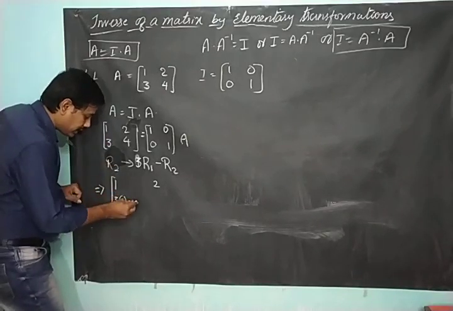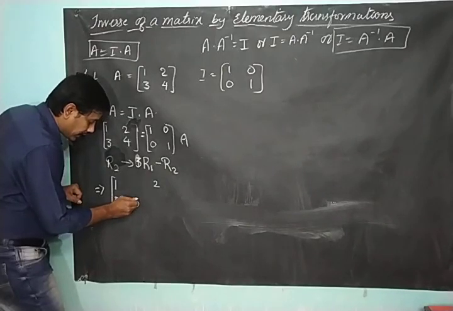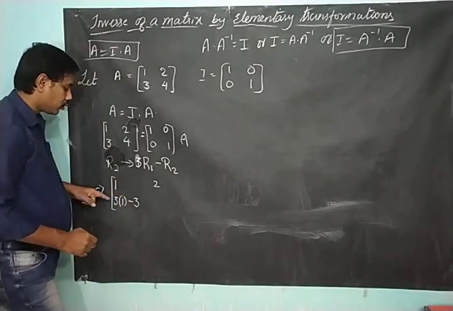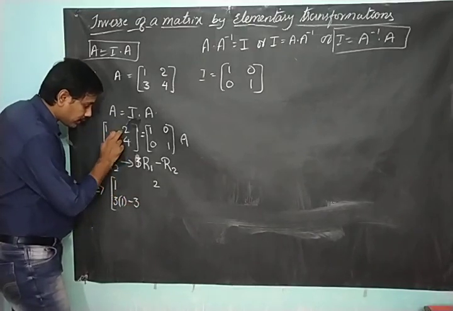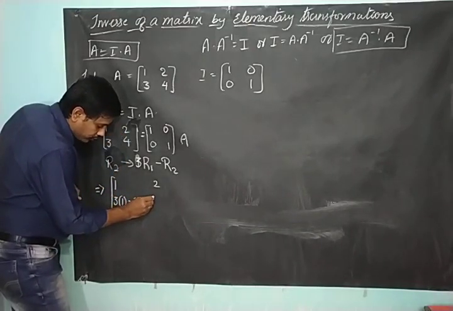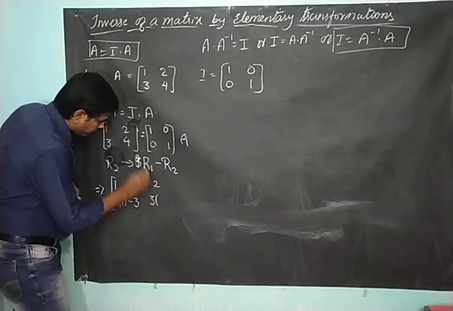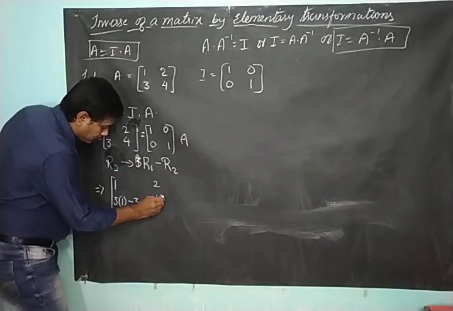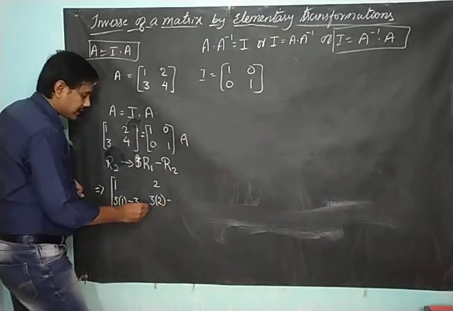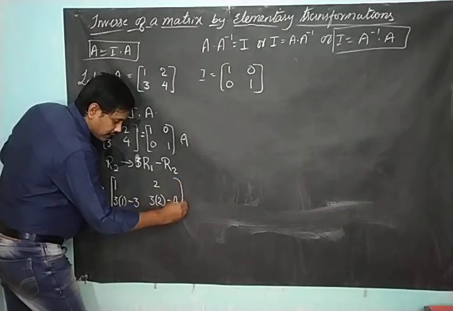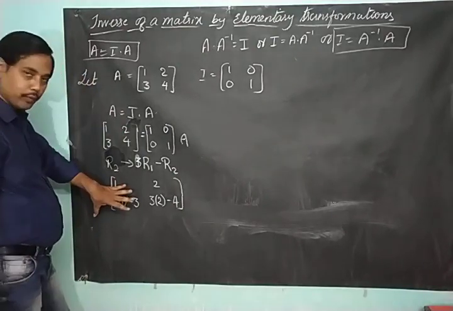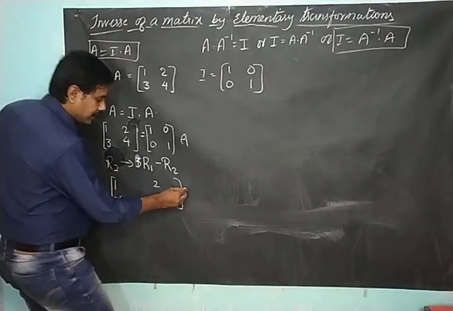What is R2 here? 3. 3 into 1 minus 3. Here, what is R1? 2. So this also will change into 3 into R1, which is 2, minus R2, which is 4. So here completes the application of transformations to the first matrix.